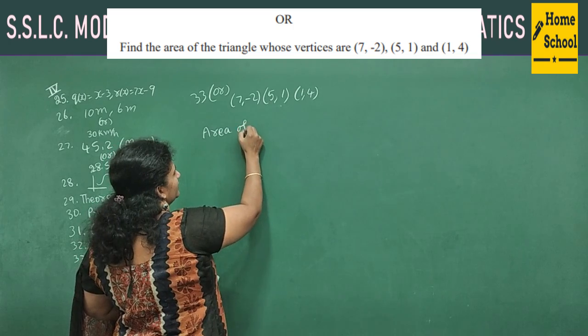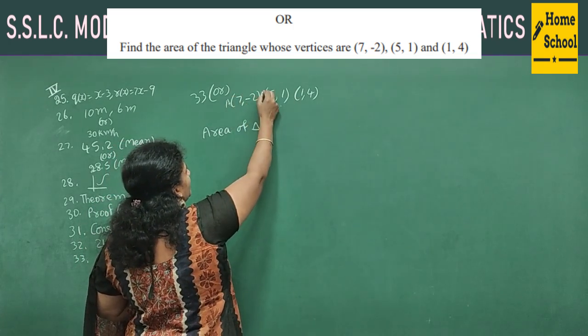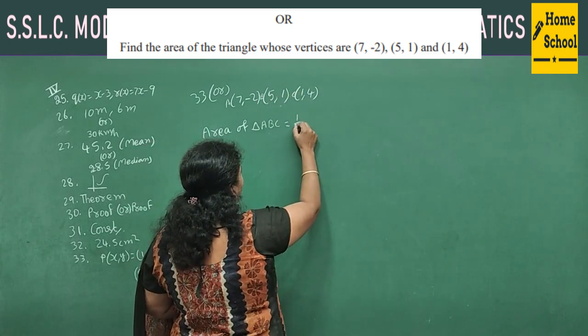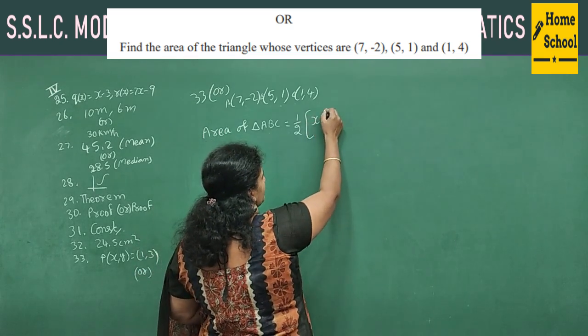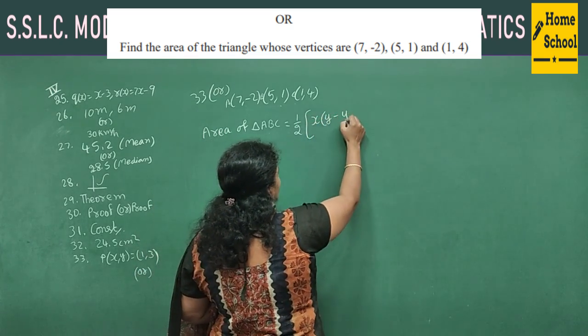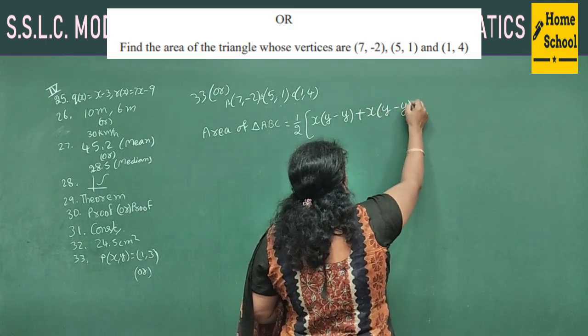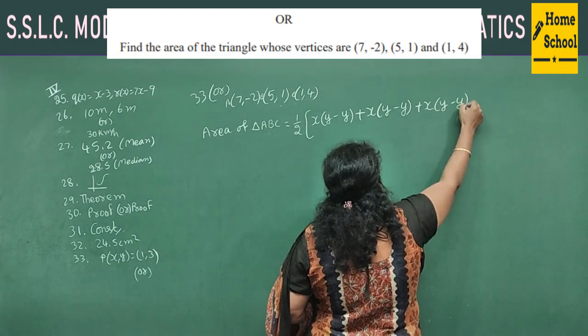Area of triangle, let me mark ABC. You can mark the coordinates if you want. ABC is equal to half of, the formula is very easy to remember, children, x into y minus y plus x into y minus y plus x into y minus y. You write x first.